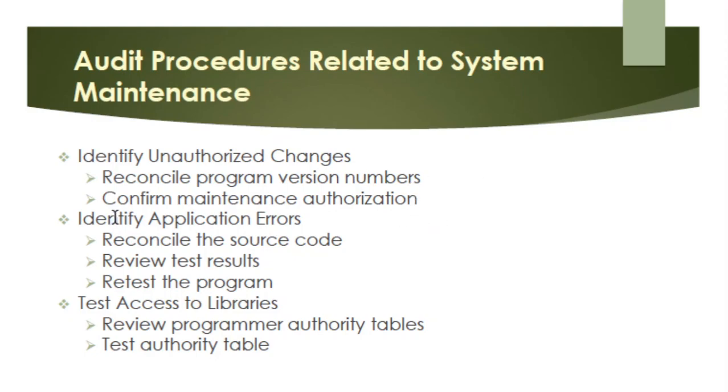Another procedure is identifying application errors, wherein you can do the following tests of controls like reconciling the source code, reviewing test results, and retesting the programs. And the last procedure is testing access to libraries, for which you can do the following tests of controls: review programmer authority tables and test authority tables.